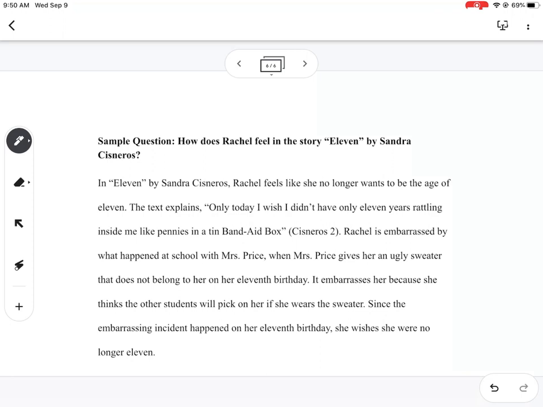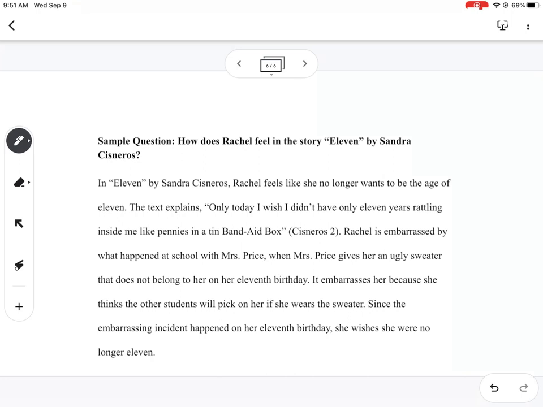Rachel is embarrassed by what happened at school with Mrs. Price when Mrs. Price gives her an ugly sweater that does not belong to her on her 11th birthday. It embarrasses her because she thinks the other students will pick on her if she wears the sweater. Since the embarrassing incident happened on her 11th birthday, she wishes she were no longer 11.